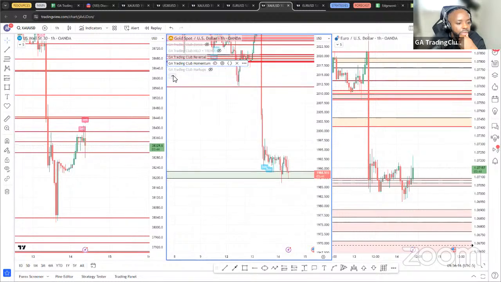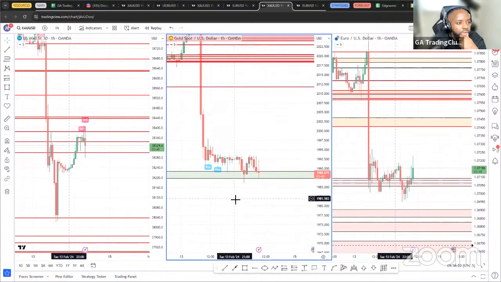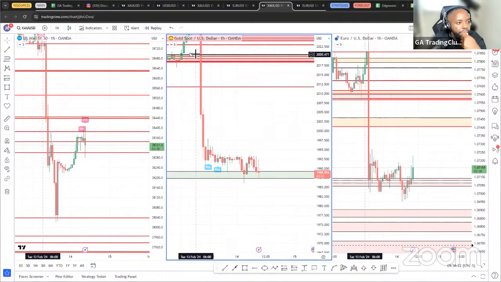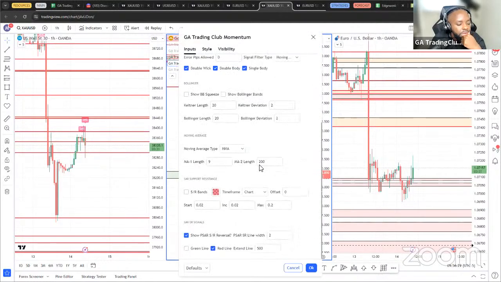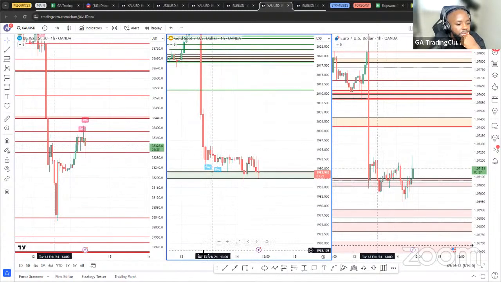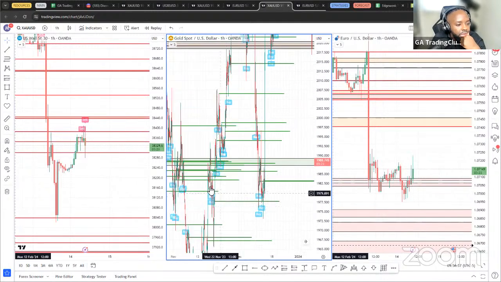Let's see. This is on the hourly time frame. Let me think this through. Momentum. Switch this to SARs, bullish SARs. I don't think we have anything here.